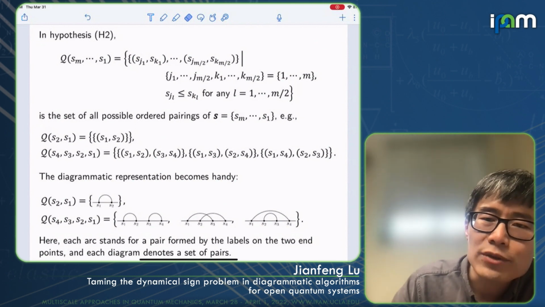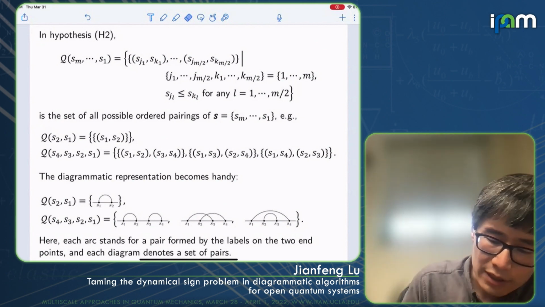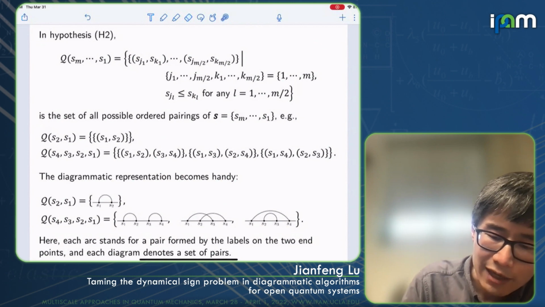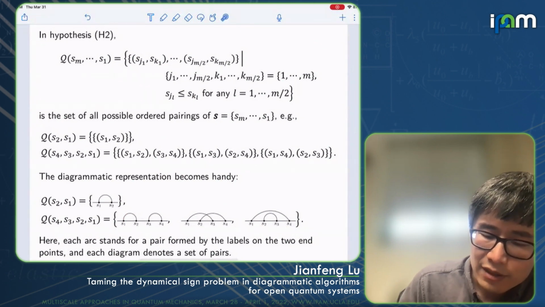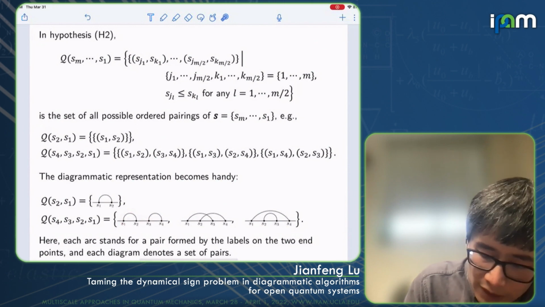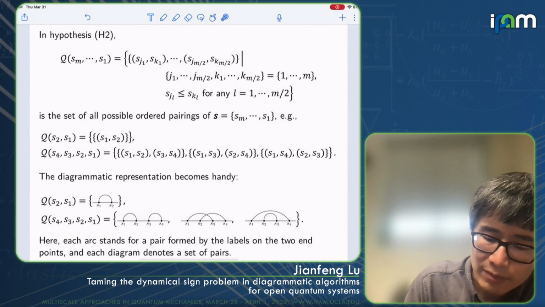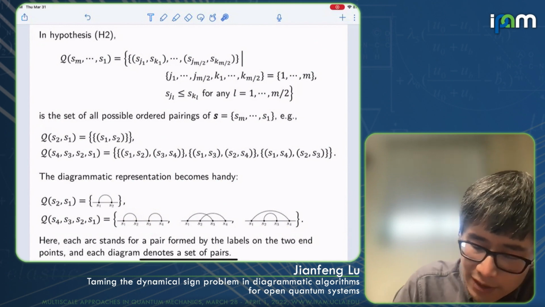Then what I need to keep track of is just how to pair the time points together. In the diagrammatic language, you just need to keep track of these arcs where the things are paired together. This means that the inference function is a product between the part given by S1 and S2, and the inference given by the current inference kernel given by S3 and S4.